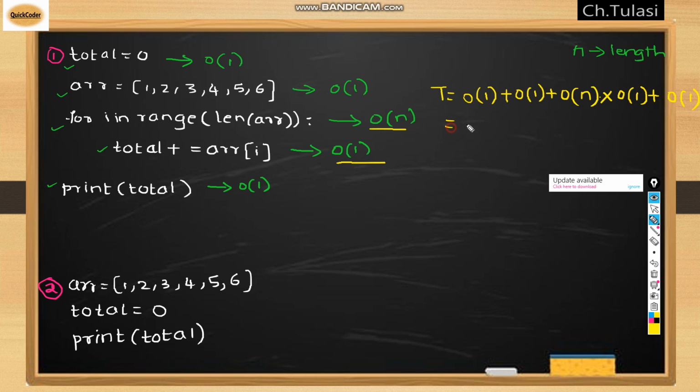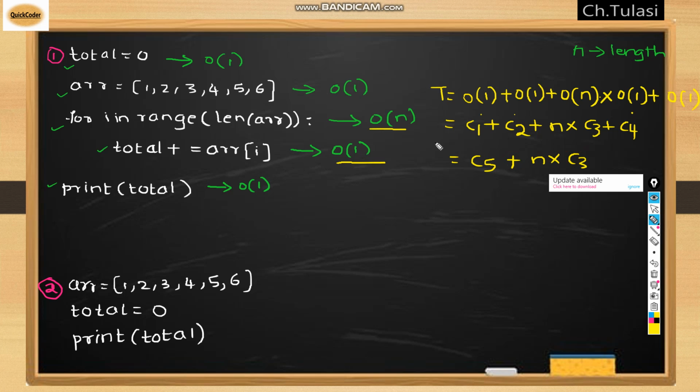Let's consider these all are constant times. So c1 plus c2 plus n into c3 plus c4. Adding these constants c1, c2, c4, we will get another constant c5 plus n into c3.